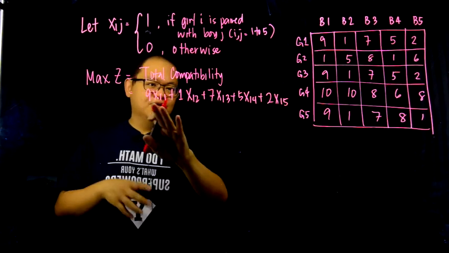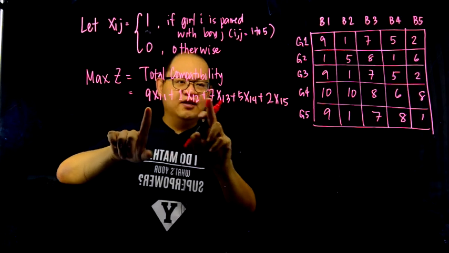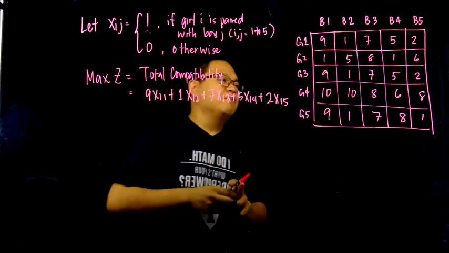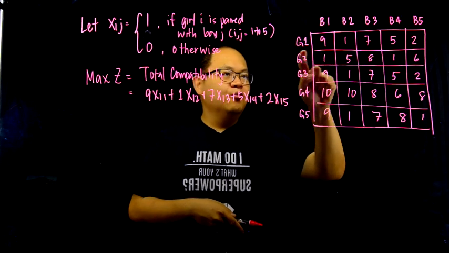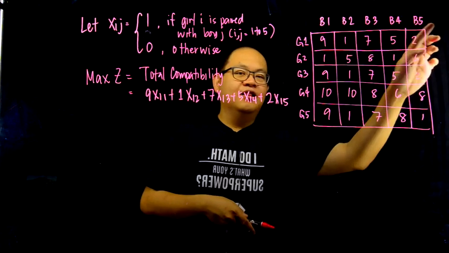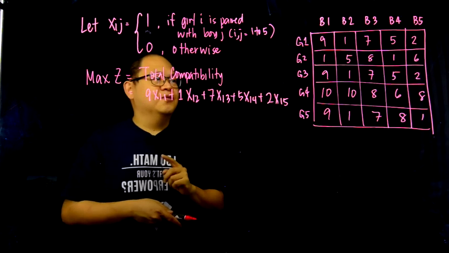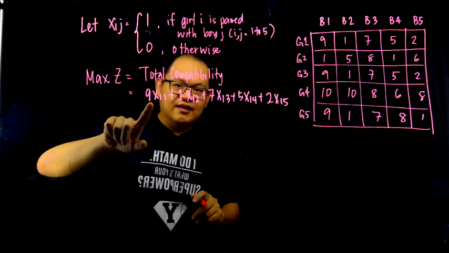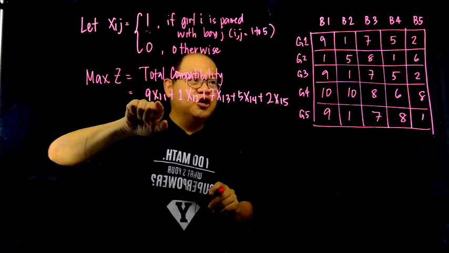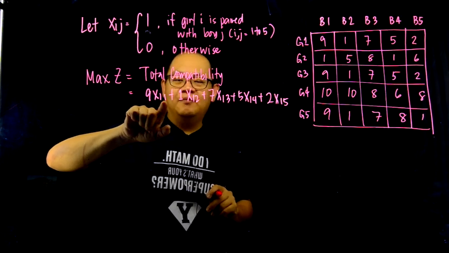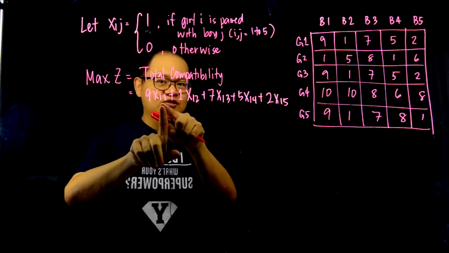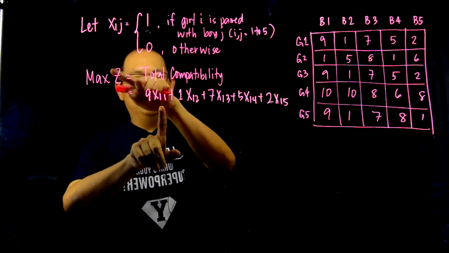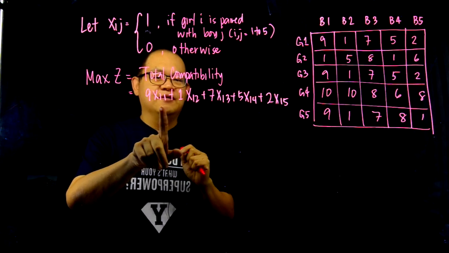Now let's focus on this line first. What is 9, 1, 7, 5, and 2? 9, 1, 7, 5, and 2 are the compatibility ratings for girl 1 to all 5 boys. Okay? And what does this tell us? This tells us that if we switch on the pairing of girl 1 and boy 1, so that's x11, then we are adding 9 to our z value, our total compatibility.